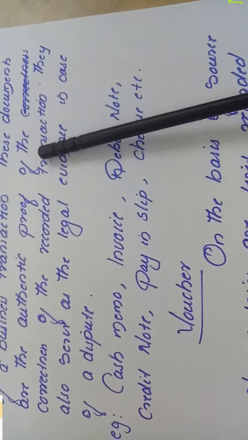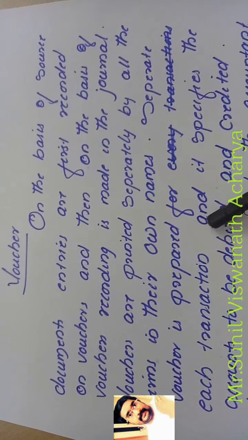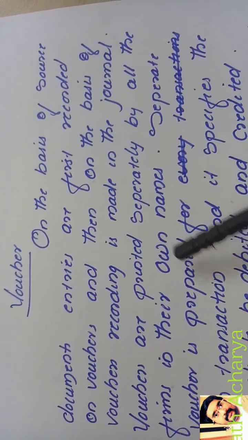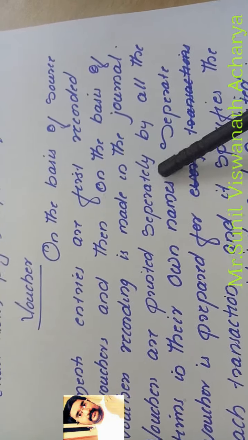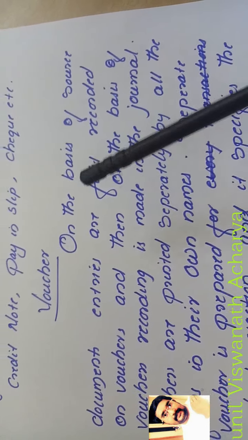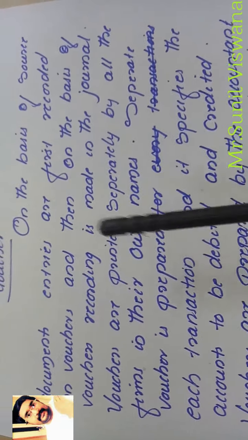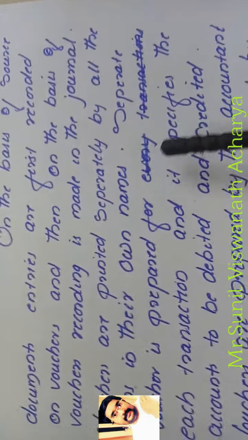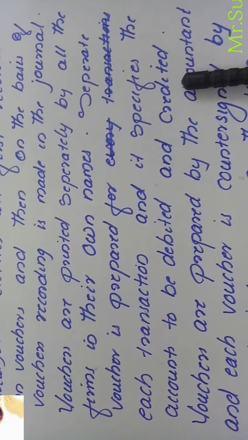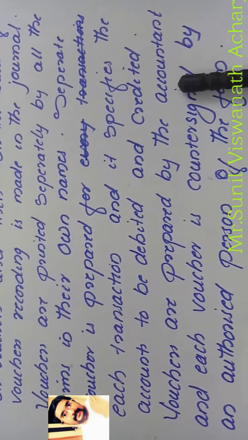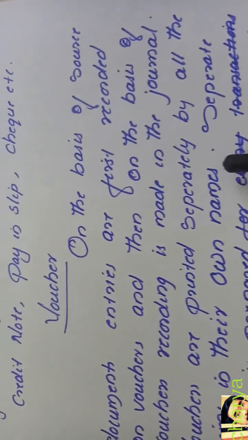Every business organization prints vouchers in its own name. The accountant records every transaction from the source document to the voucher, analyzes the source document, and mentions in the voucher which account should be debited and which credited. The voucher prepared by the accountant should be signed by the authorized person of the organization.